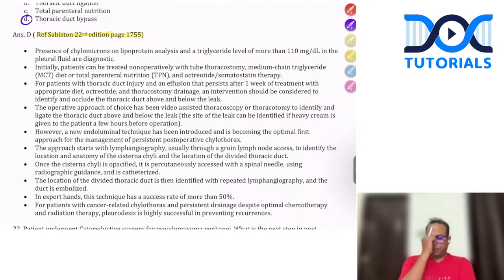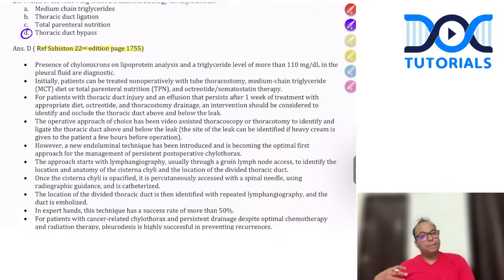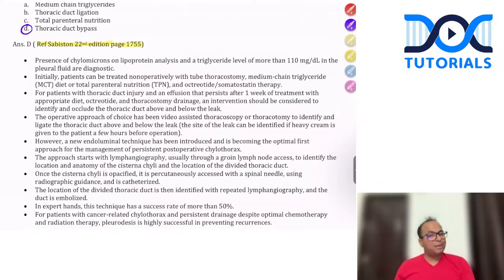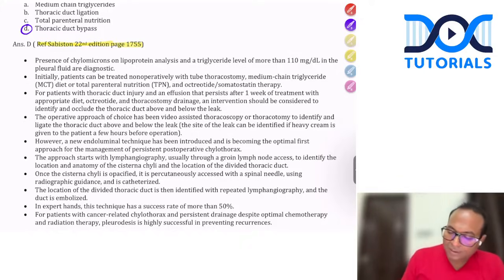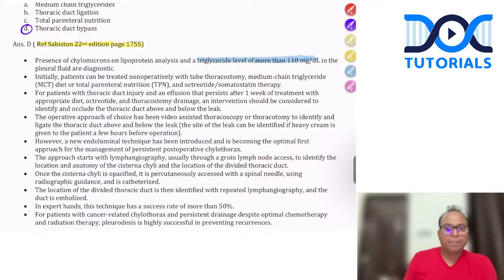Please remember, a patient who underwent esophagectomy has a thoracic drain. Suddenly the drain shows pink fluid initially, and once the patient starts an oral diet, it becomes milky white fluid. I will confirm it is chylothorax by a triglyceride level of more than 110. That is a clue.